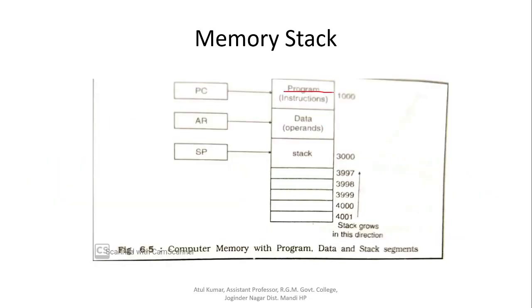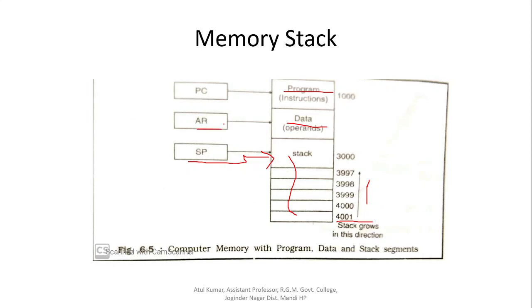The first part is program, the second part is data, that is the operands, and the third part is the stack, which starts from 4001, the starting address of the stack, and then it grows in the direction shown in the diagram. Then 4001, then 4000. This means the memory address is decremented, and the stack pointer points to the top position of the stack where the last element is inserted.